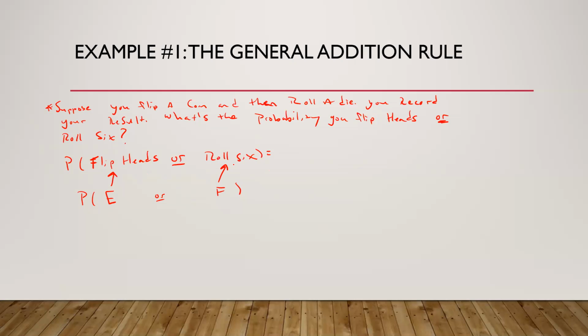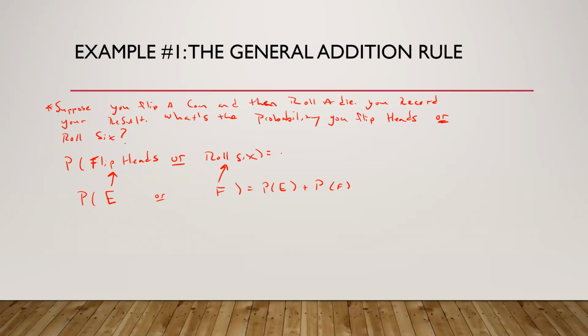Okay. So whenever you see the or statement, what mathematical operator is it always going to be? Addition. Yep. So you take the probability of the first event and add to it the probability of the second event.